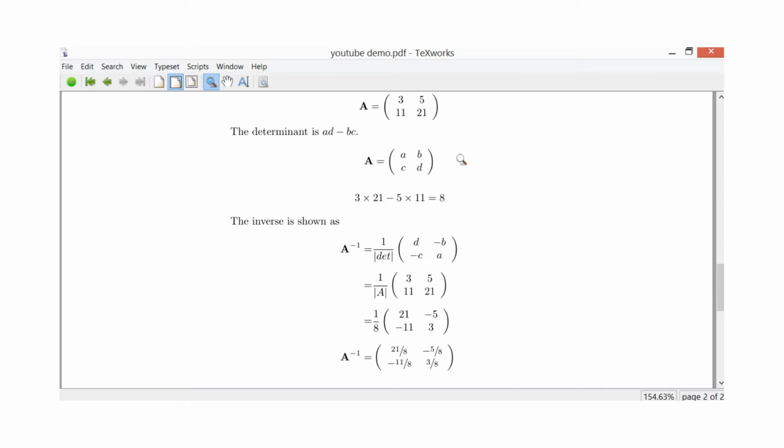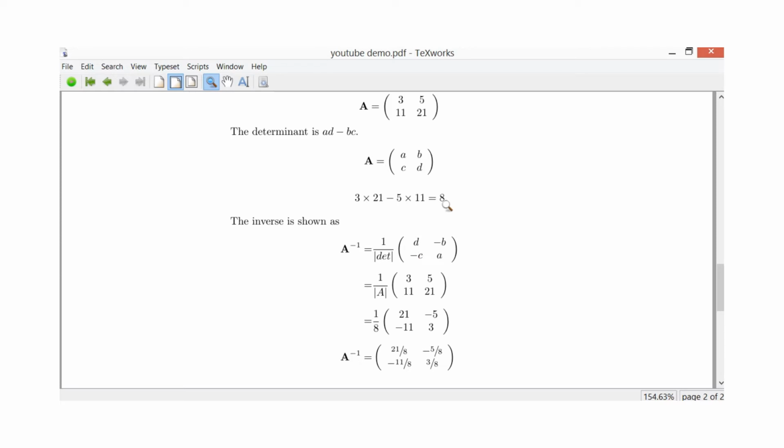So now what we've got to do is plug our values into what we have here. So we've got D, A, minus B, minus C, which is our matrix A. The matrix A is 3, 5, 11 and 21. So the 21 and the 3 will switch places, and the 5 and 11 will just stay where they are but switch signs.